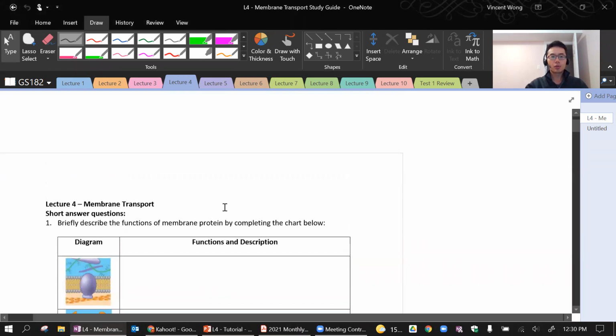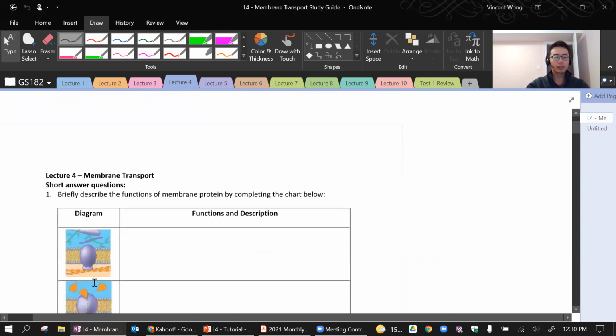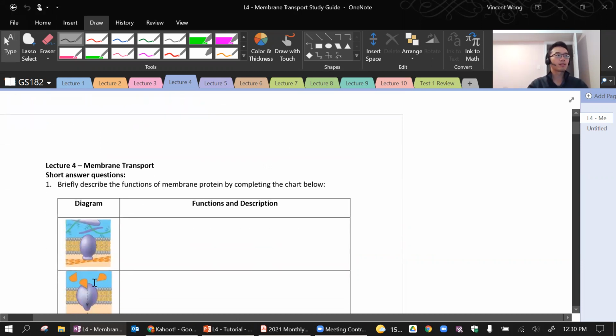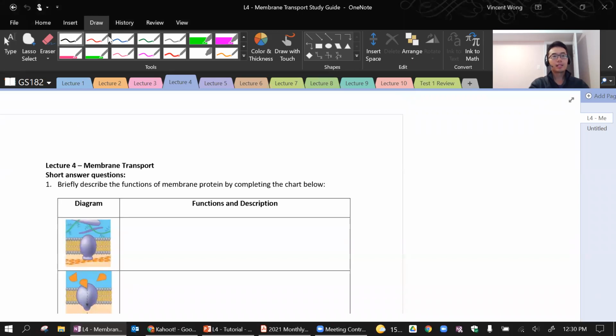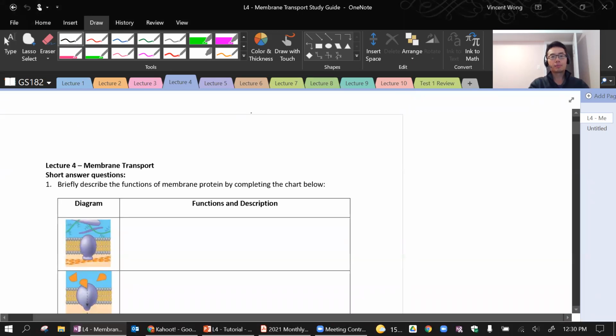Membrane transport. Let's do a quick review on the key components of a membrane. As you know from lecture 2, the main components of the cell membrane are these phospholipids.